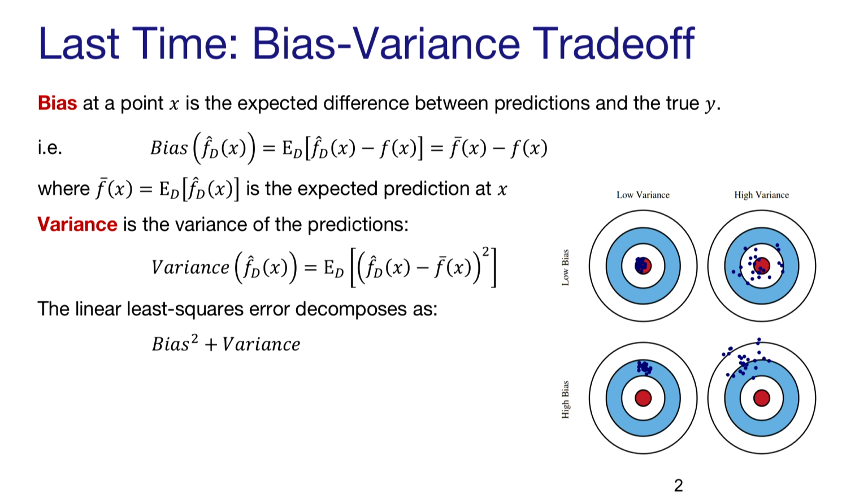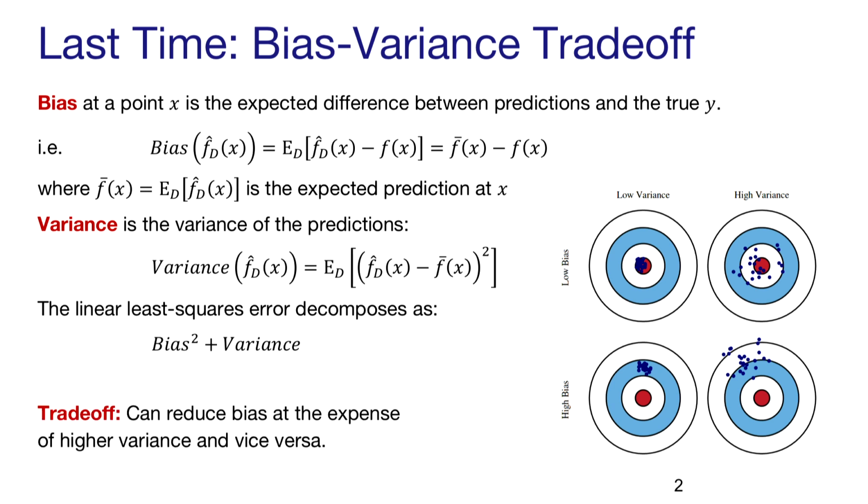If it's a vector, it would actually be a distance. So the squared error, if it's an L2 loss, breaks down as the square of the bias and the variance. And typically improving one tends to drive the other one up and vice versa. And roughly speaking, you want to have bias squared and variance having approximately the same magnitude.